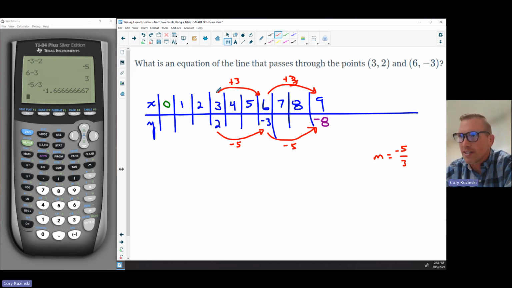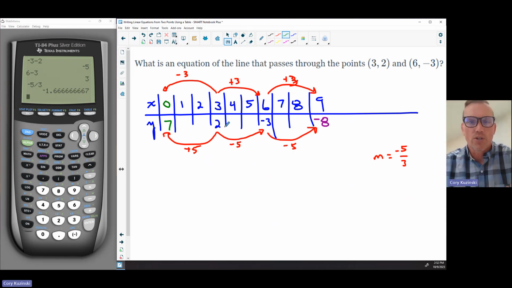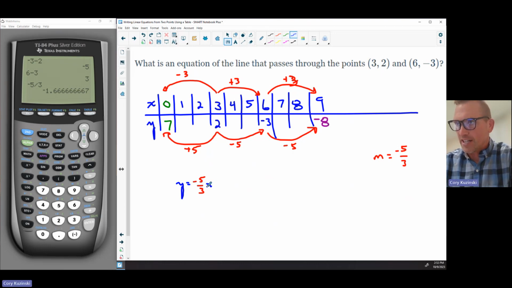If we work it the other way, down 3, then y should go up 5, and 2 plus 5 is 7. Boom. Who really cares what's in between all these numbers? It doesn't really matter. All that we care about is that. So make that big jump, and now I've got my equation. y equals -5/3. I don't think Delta Math wants you to put in decimals. They want fractions. And then +7.